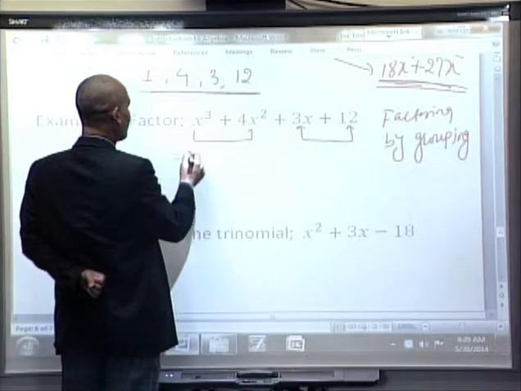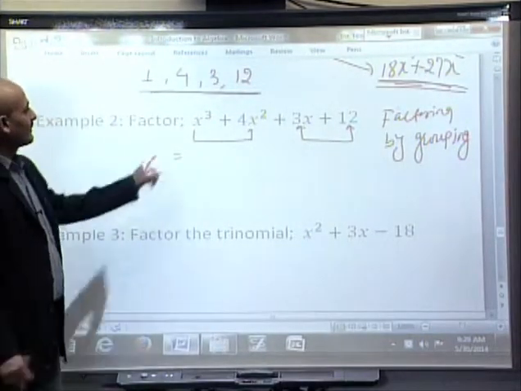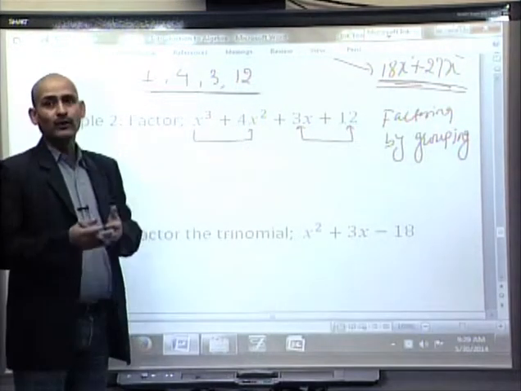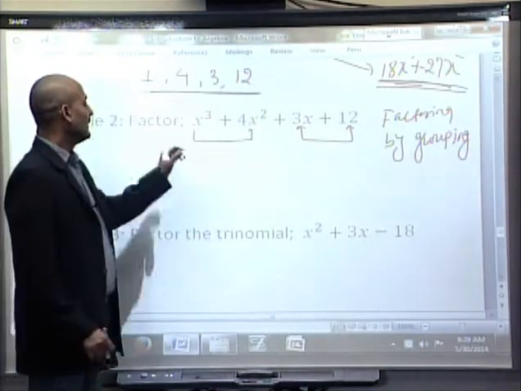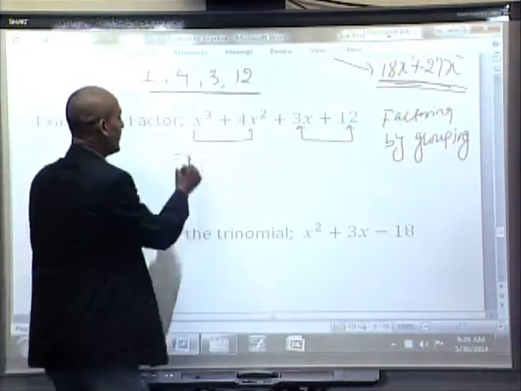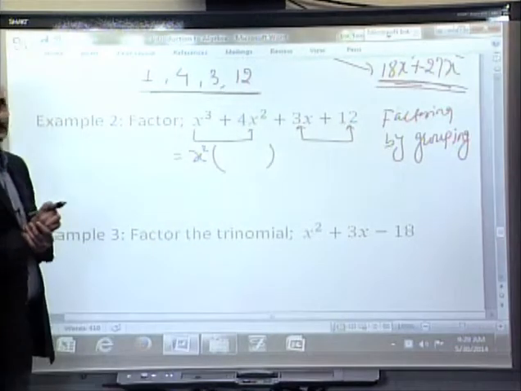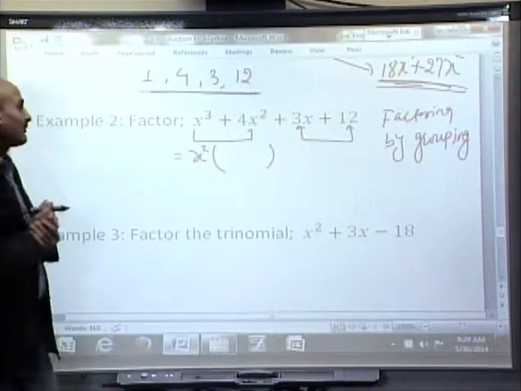For my first group, let's see how much is the common factor. There is a 1, there is a 4, no common factor in the numbers. Now for the variable part, here is x to the third, here is x squared. So x squared will be the common factor. As before, we put parentheses after we take out the greatest common factor.